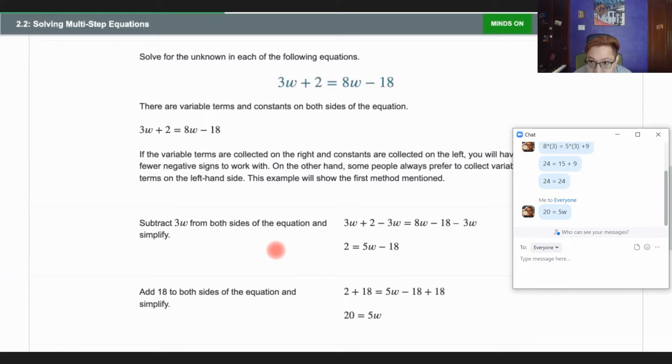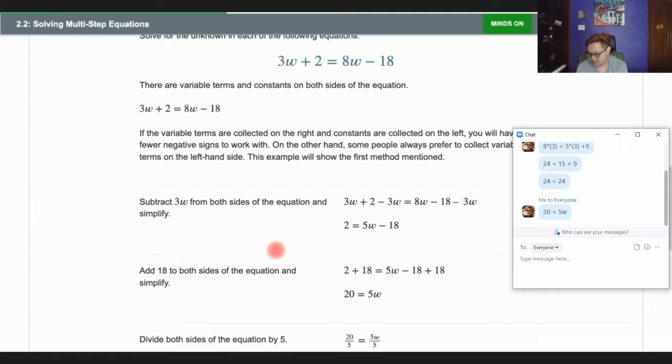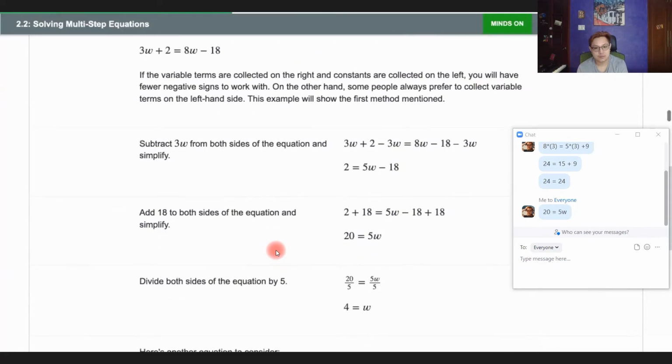So it's 20 divided by 8, which is 2.5. No wait, it's supposed to be divided by 5. So then 20 divided by 5 is equal 4. 4 equal w.